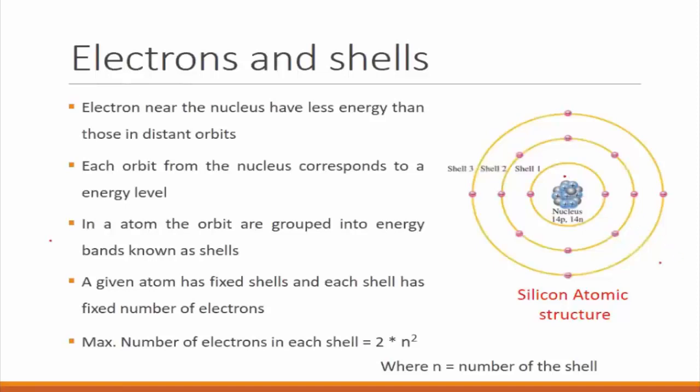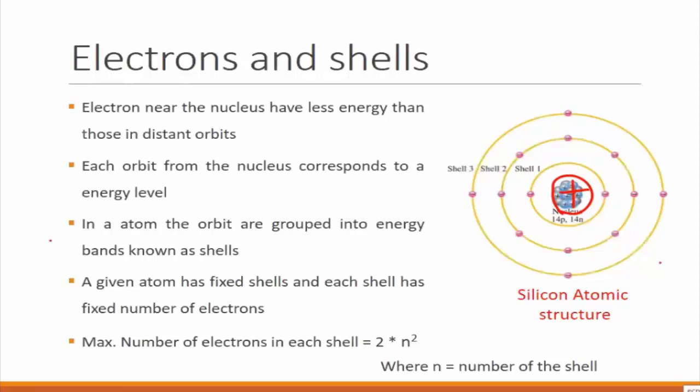So remember that the nucleus itself is positively charged, because if this is a silicon atom, 14 is the atomic number. So there are 14 protons inside the nucleus. All those accumulate towards the positive charge.